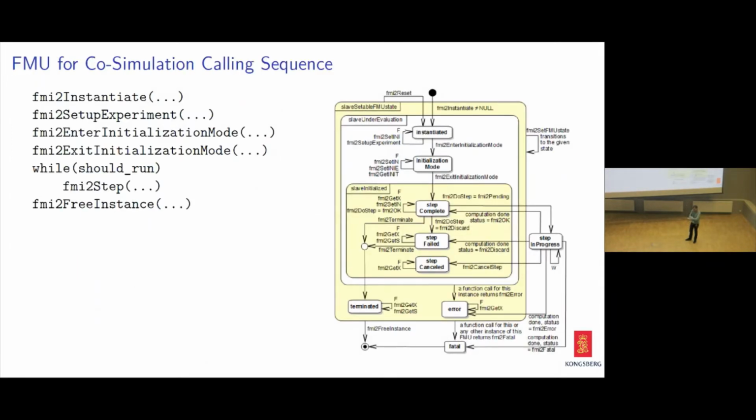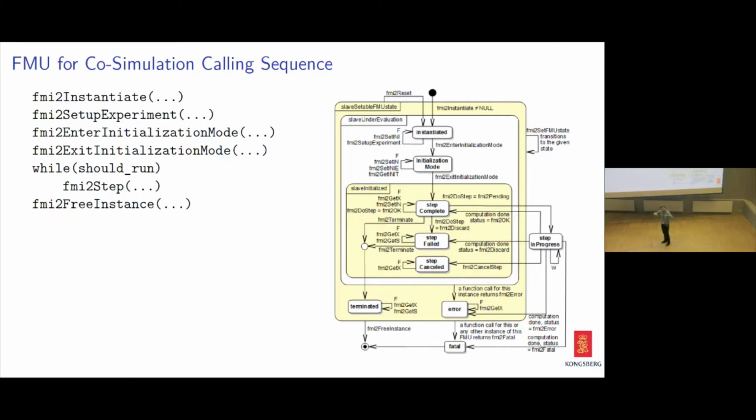Roughly, the call sequence for an FMU looks like this. Of course, after you load the DLL, you have to do some unzipping and dynamic loading. But the call sequence after that is quite simple. You start by instantiating the FMU, just giving it system resources. Then you set up the experiment.